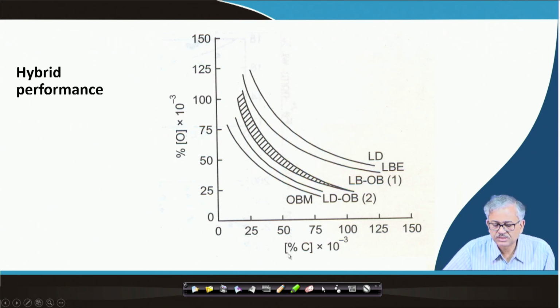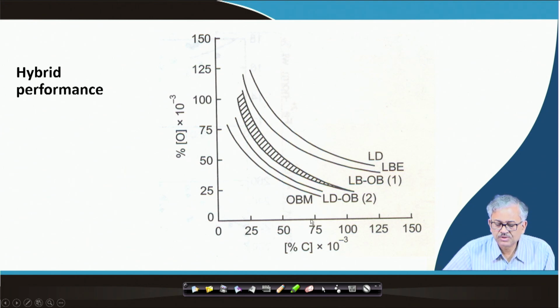Okay. So if you see the hybrid process performance, you can see the percentage of oxygen and percentage of carbon in the bath. What you see is that for a particular amount of carbon in a bath, dissolved oxygen is maximum in the LD process and minimum in the OBM process. That means for a particular amount of carbon, the oxygen amount is very close to the equilibrium oxygen amount.